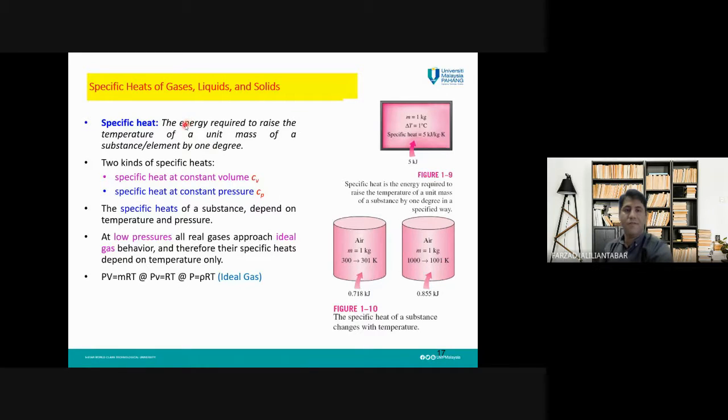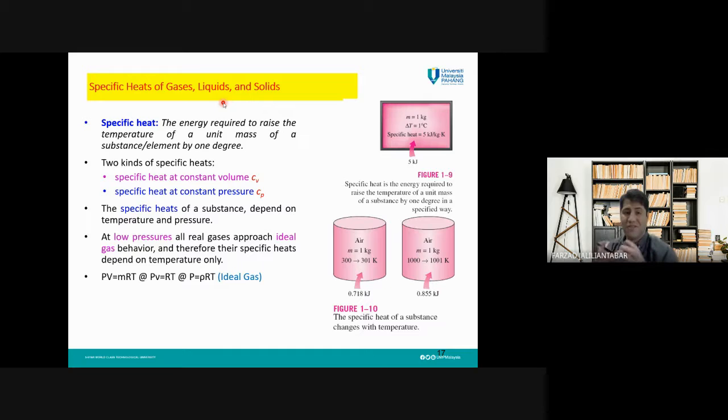And a specific heat for different phases of the substances is different. The most complicated one is for the gases or some kind of liquid. For the gases, as you know, based on the pressure, the volume will be different. In other words, we have a relationship between pressure, volume, and temperature of the substance.